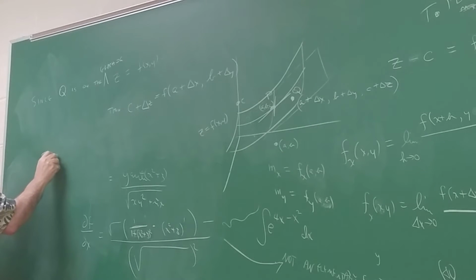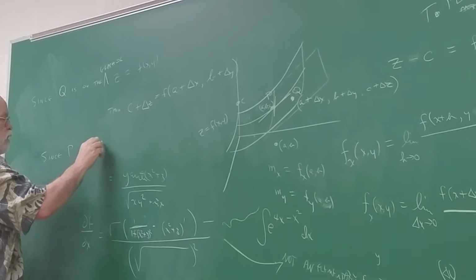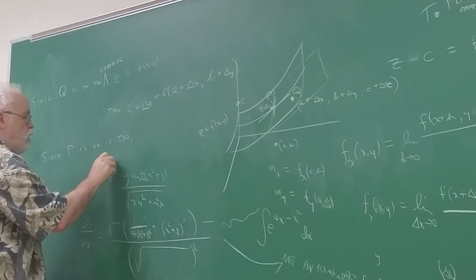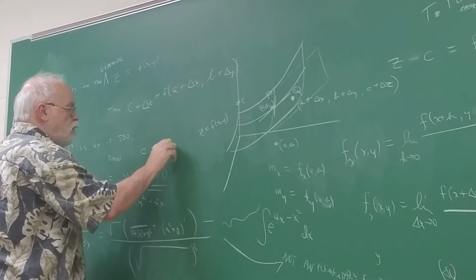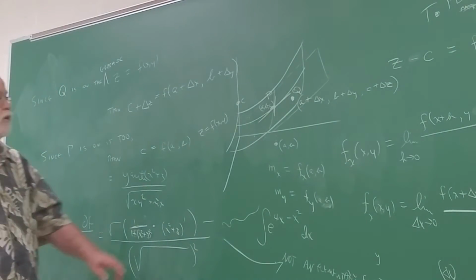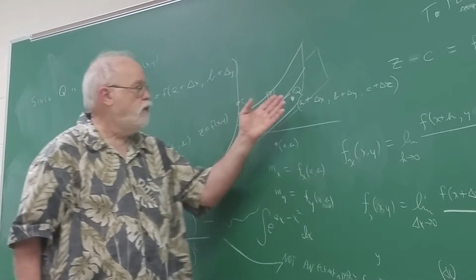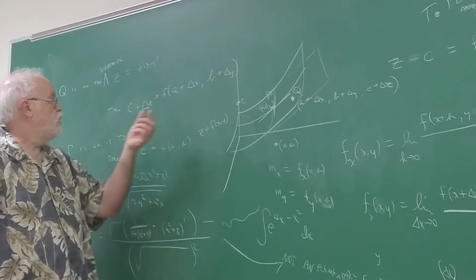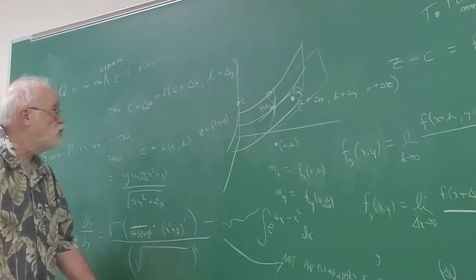And since P is on that surface also, then C is just f of A comma B, right? So the coordinates of P are just A, B, C, and the coordinates of Q are these three things here. And now I'm going to subtract.